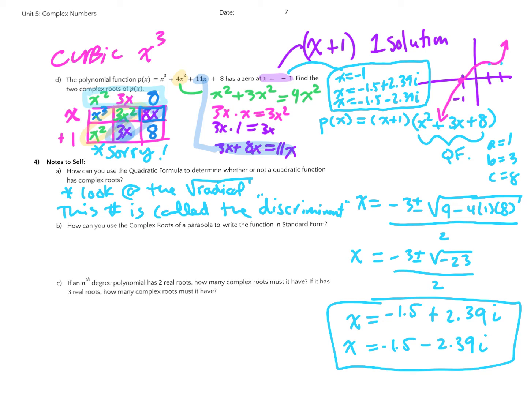How can you use the complex root of a parabola or quadratic to write a function in standard form?